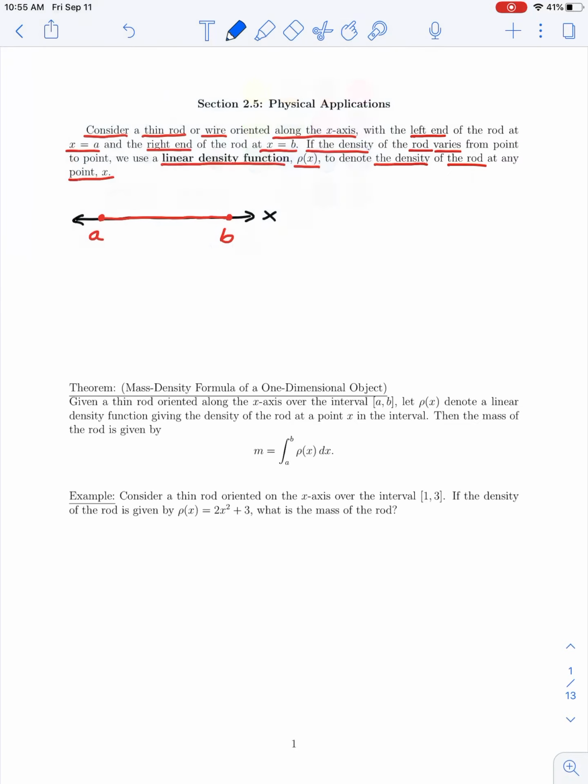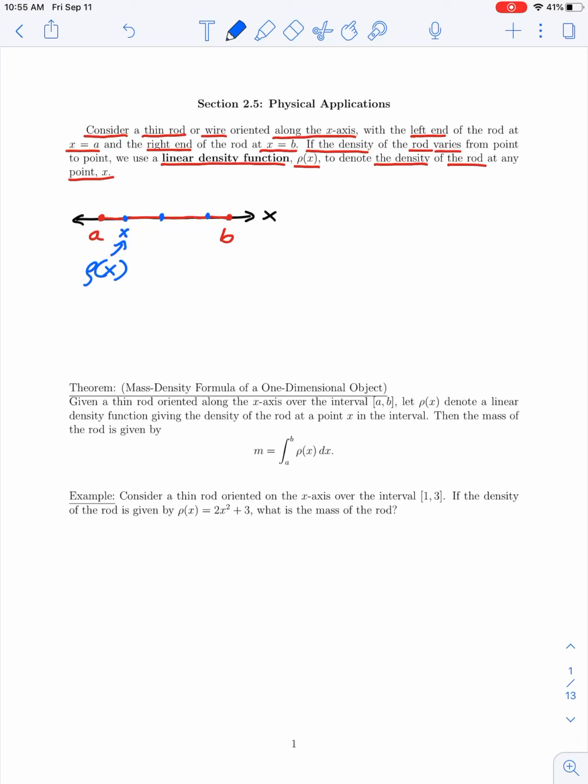So over the length of this rod from x equals a to b, at different values of x, we might have different densities. This object may not be perfectly uniform throughout. It might be a little more dense in some places than others. But the density at any given point we will denote as rho of x. Since the density is varying along a line, this is called a linear density function.